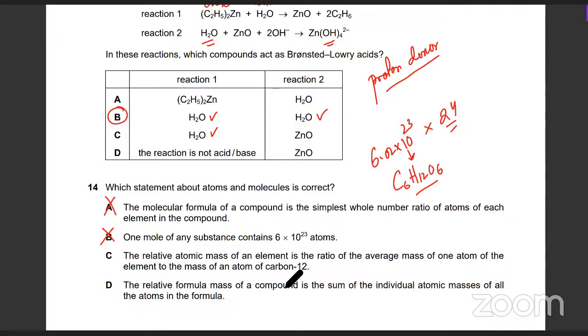The relative formula mass of a compound is the sum of the individual atomic masses of all the atoms in the formula. C seems better, sir. The only issue I have with C is that it is true, but it's 1/12 the mass of a carbon-12. It is a comparison.